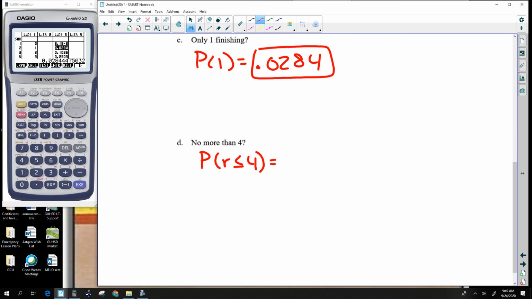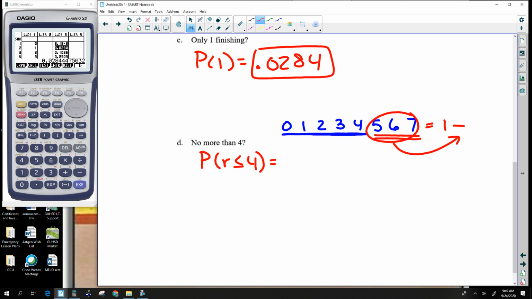So again, the possibilities are 0, 1, 2, 3, 4, 5, 6, 7. I want no more than 4. That means I don't want 5, 6, and 7, which is exactly the answer that I got right above. So what I'm going to do is take 100% and minus what I don't want.